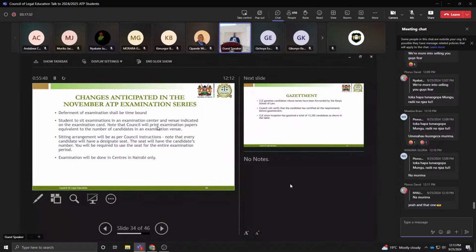And it is also to help us, because we have serialized the scripts, it will also help us in arranging them, because they have a serial number that must follow a specific order. So the first day of exam, please come early so that you look for your desk. After that, you can come 5 minutes before, because you'll already know where you'll be seated. So just ensure that you note that.